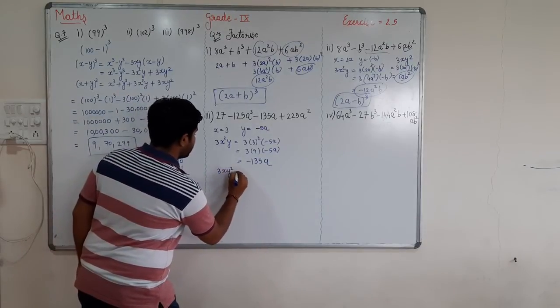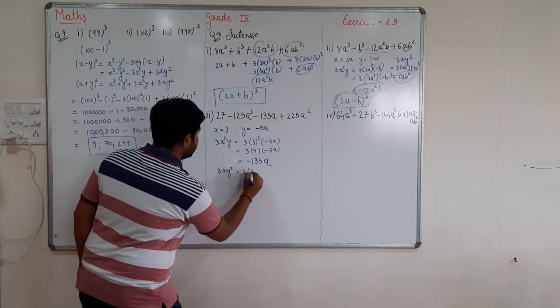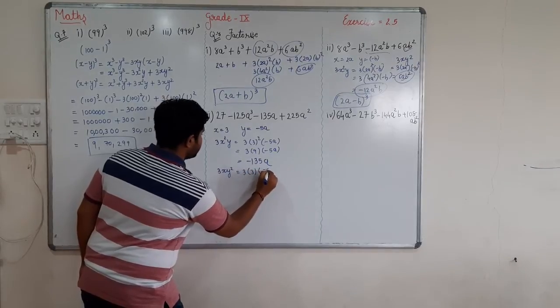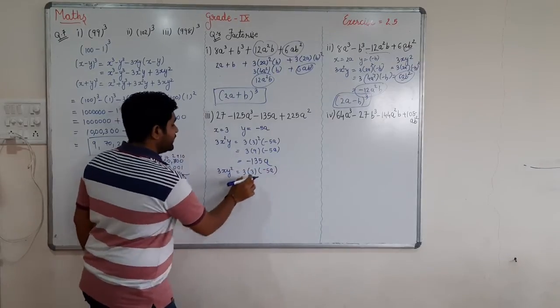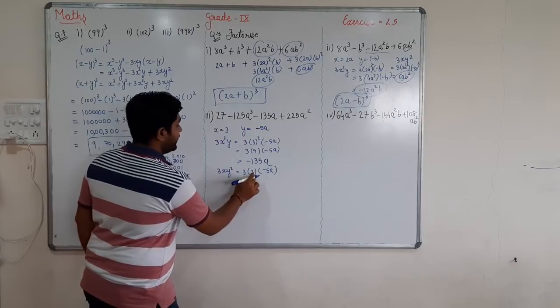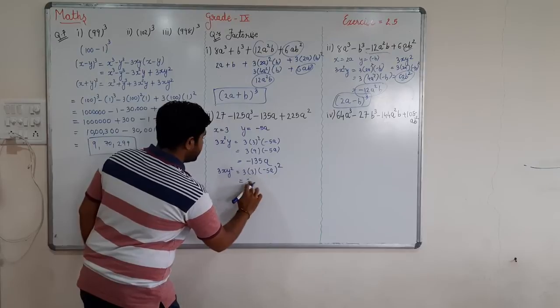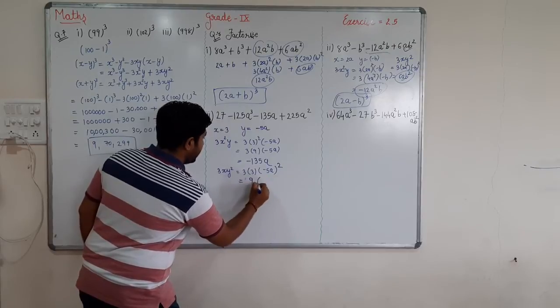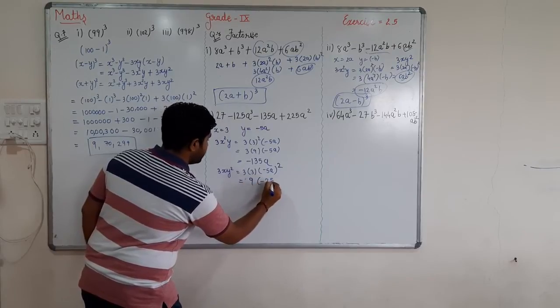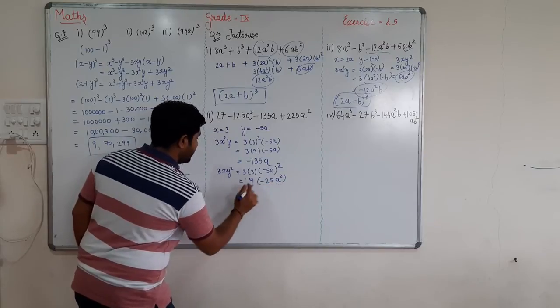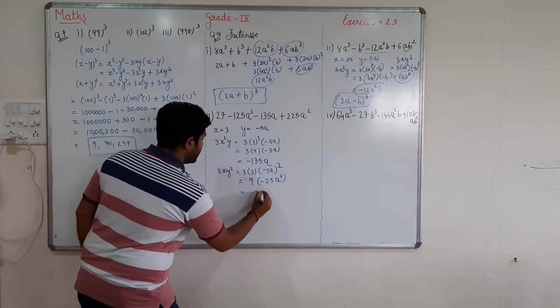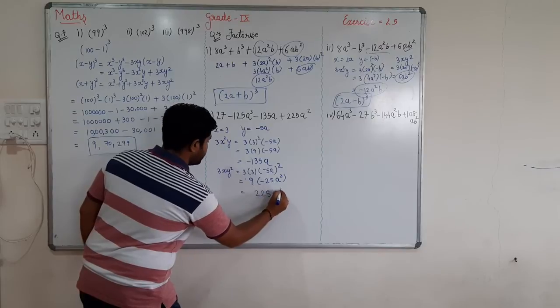Now next one, 3xy square. 3, our x will be 3 and our y will be minus 5a. 3 3s are 9. 9 5s are, sorry, here square is there. So 3 3s are 9 is there, and 5 5s are 25a square. Now multiplication of these two, so you will get 225a square.